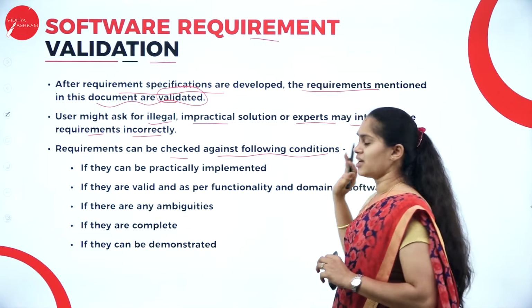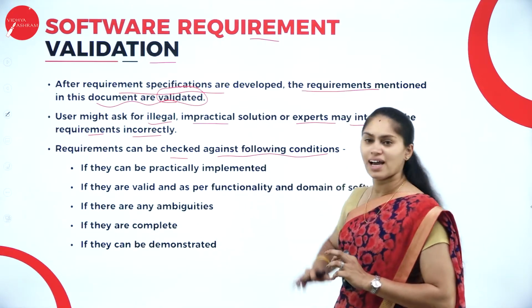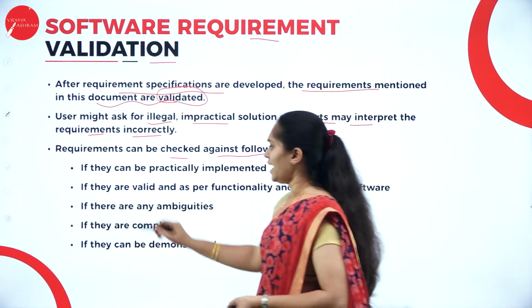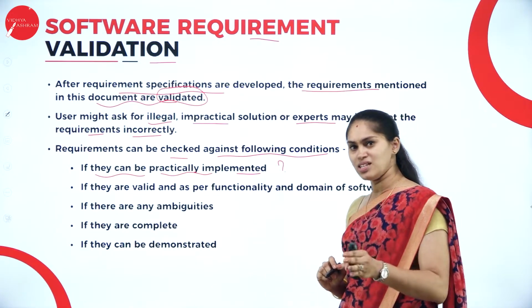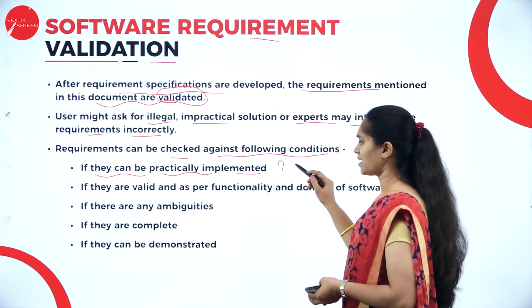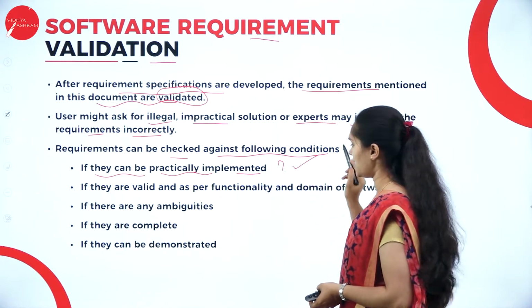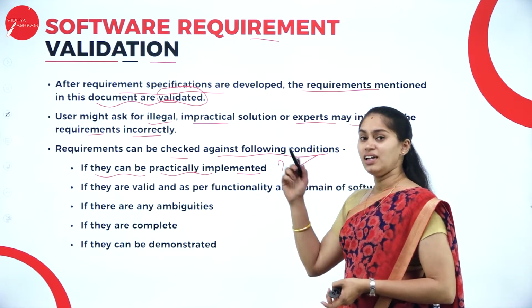and requirements can be checked against the following conditions. So how are they going to do the validation here? If the requirements can be practically implemented, if it is possible to implement them practically and they say yes, then they will proceed to the next feature.